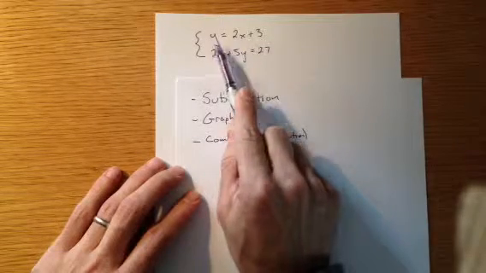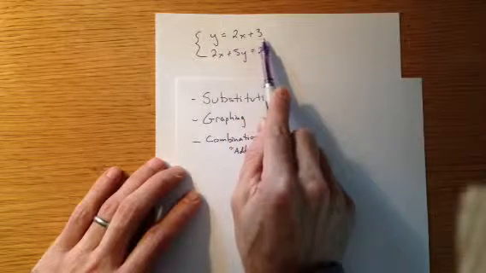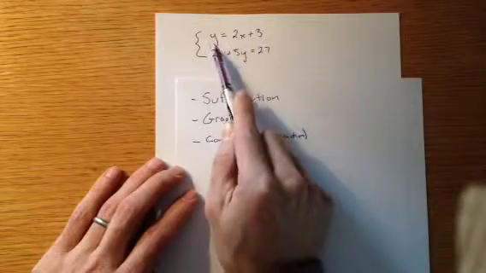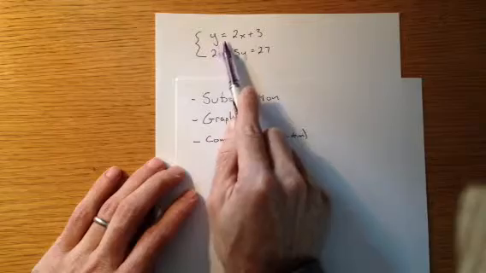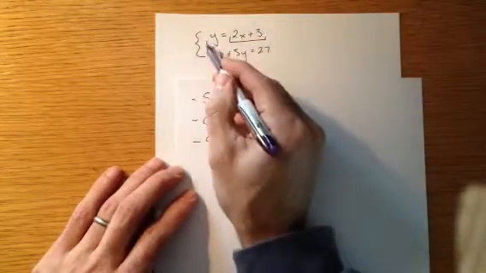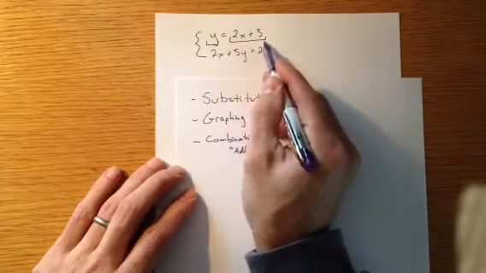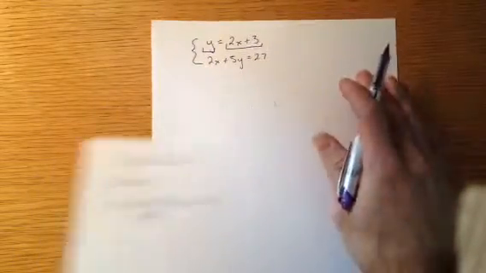It's saying that y is the same thing as 2x plus 3. Well, that's kind of cool, that y is all by itself, and I now have another way that I can write y, because whether I'm saying y or I'm saying 2x plus 3, I'm really saying the same thing.